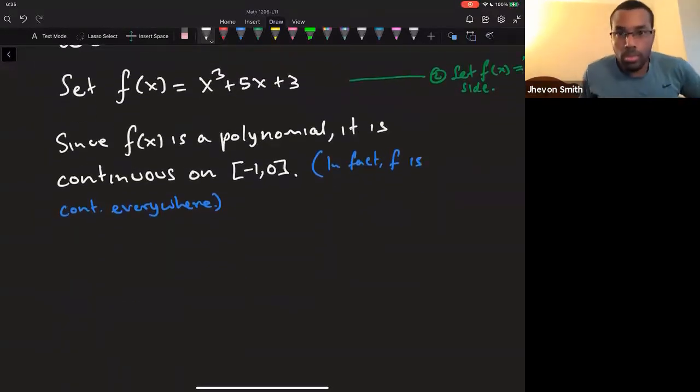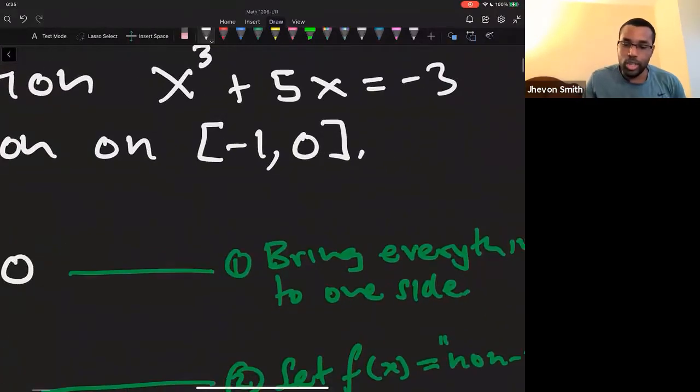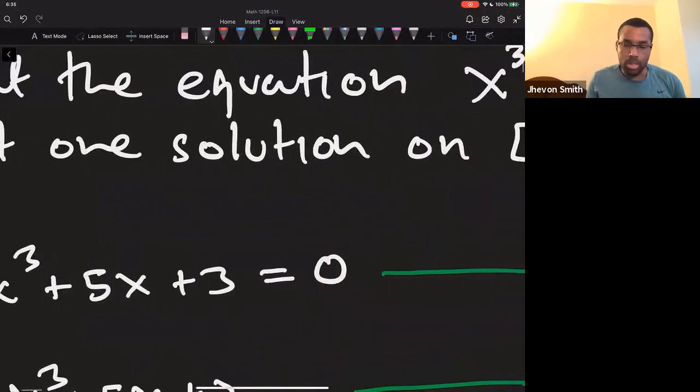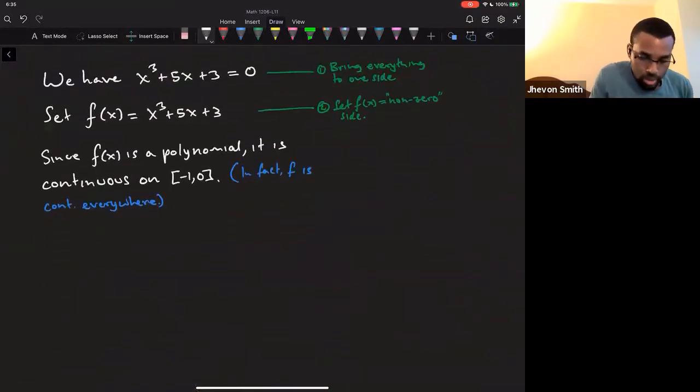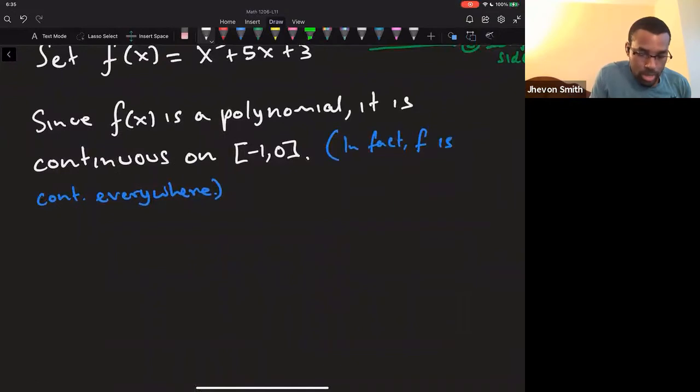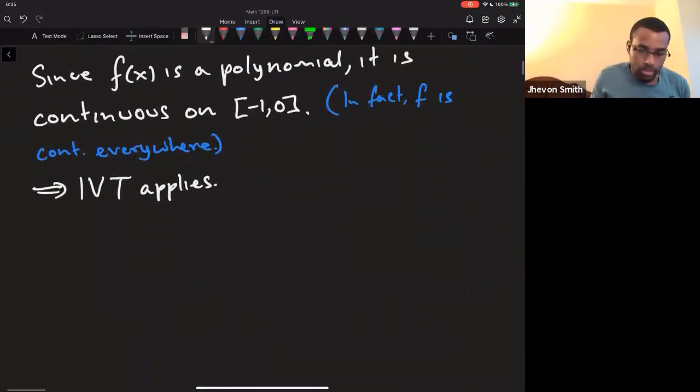So now, that's the first thing. Now, here's what you're going to do. You want to find 2 values in here that you can plug into your function so that you can bound the value around on this side, which in this case is going to be 0. So f is continuous on this interval, so I can therefore use the intermediate value theorem. This implies that it applies.